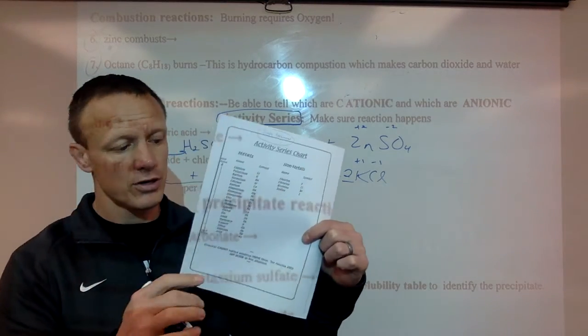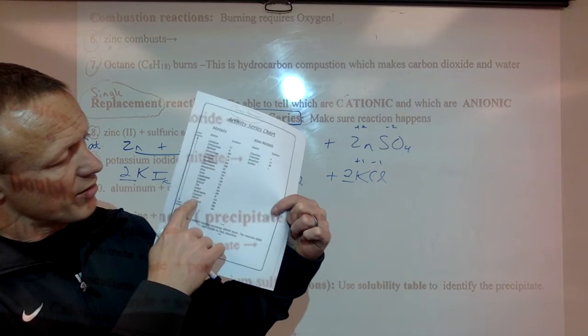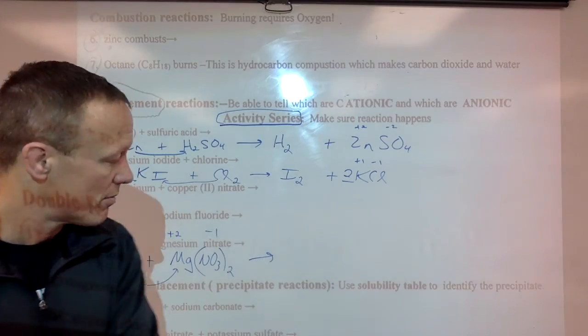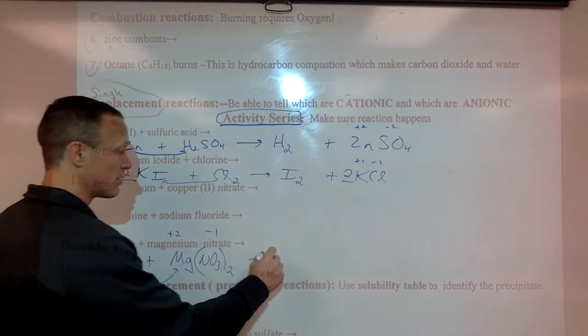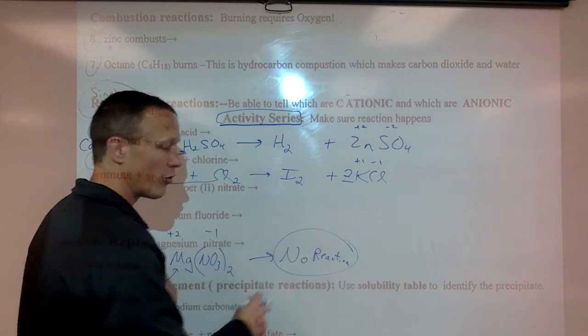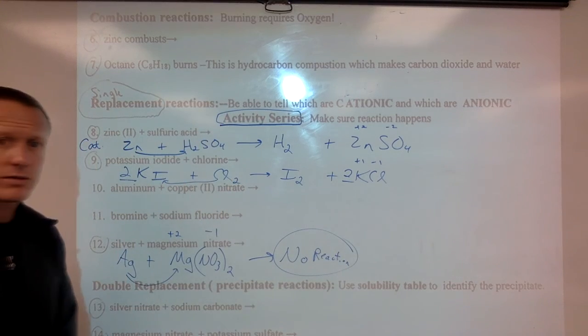If you look at your list here, silver is way down at the bottom, magnesium's way up there. Silver cannot replace magnesium. If you mix those together, silver will not replace magnesium. No reaction.